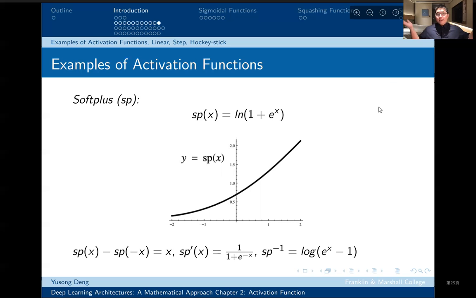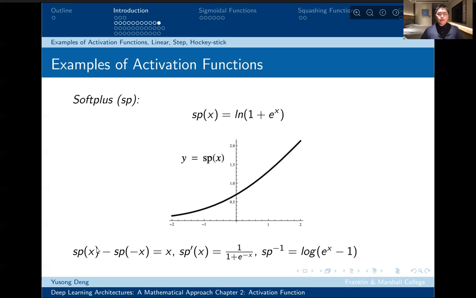All right, let's see another one, what we call softplus, or SP for short. So SP(x) equals ln(1 plus e to the power of x). It is also straightforward, has an image from 0 to infinity.